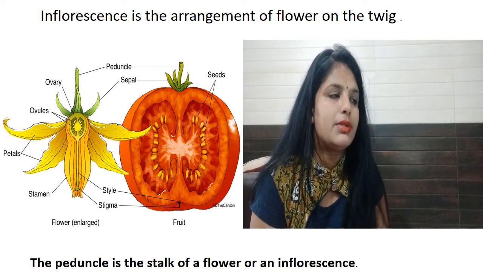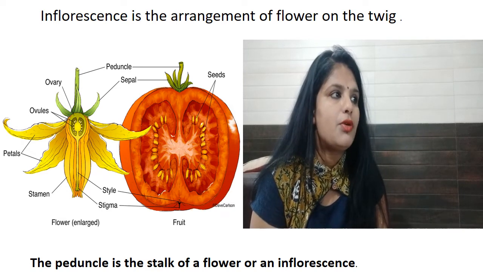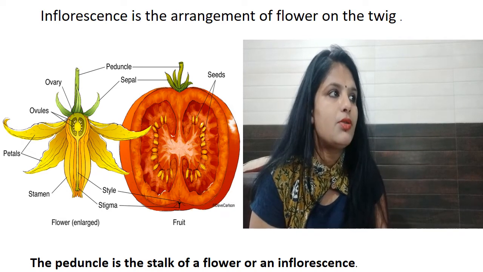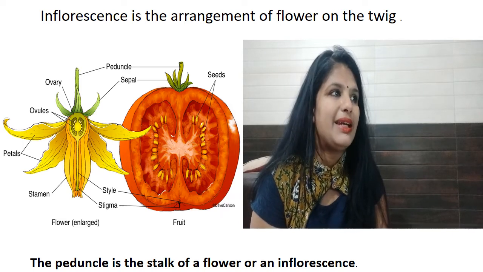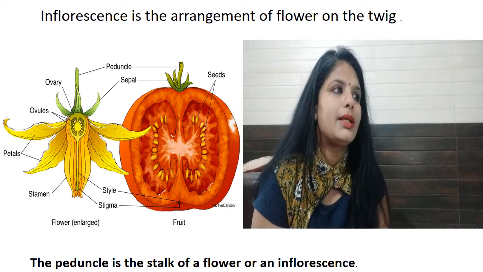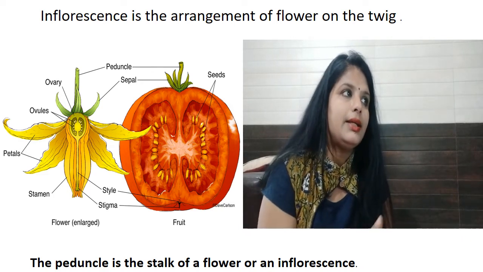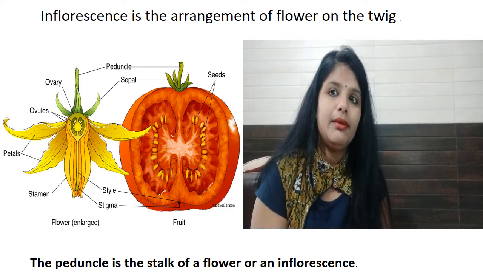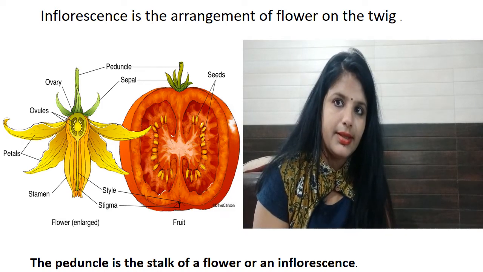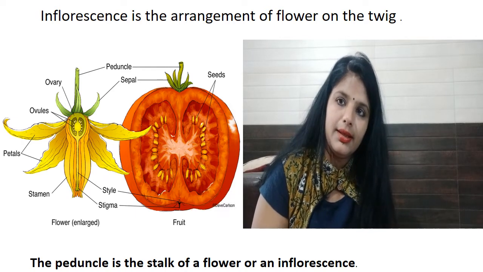Stigma withers off again. Stamen withers off. Petals wither off, and ovules and ovary are converted into seed and fruit respectively. And yes, sepals, if they remain with the fruit in a later stage, are known as persistent calyx.